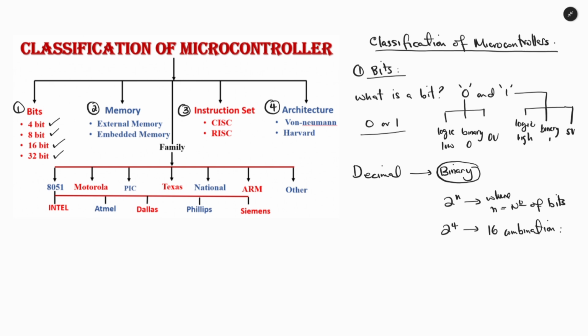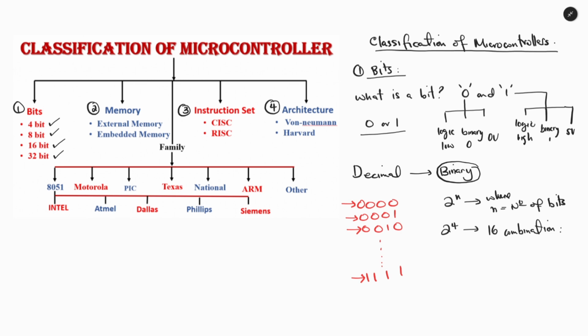This 4-bit range goes from 0000, 0001, 0010, all the way to 1111. This can be the first combination, this can be the second, this can be the third, and this can be the 16th combination.